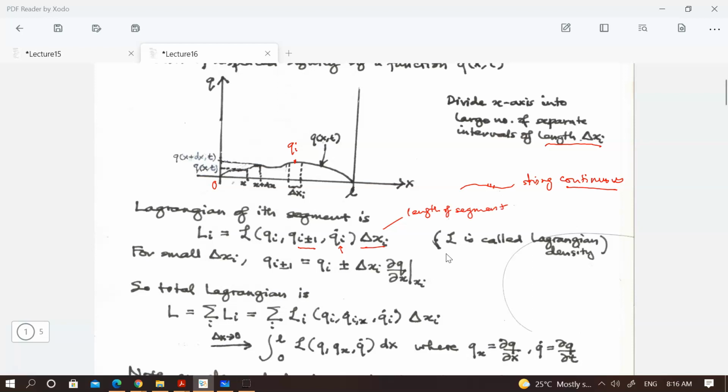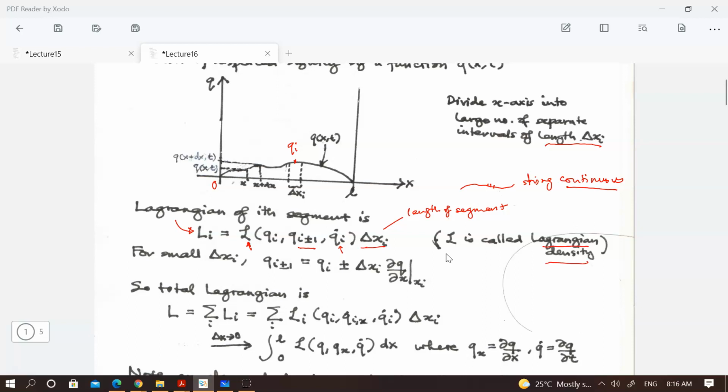Okay, and the function that one needs to differentiate from this is the Lagrangian. There will be another function that depends on these so-called variables inside it. And this function, which corresponds to the Lagrangian before, is called the Lagrangian density, because this depends on the segment.